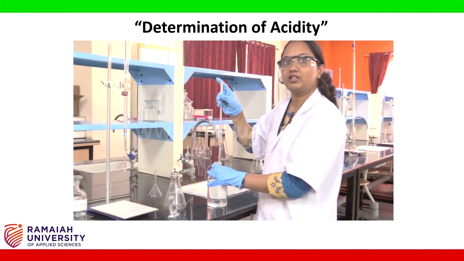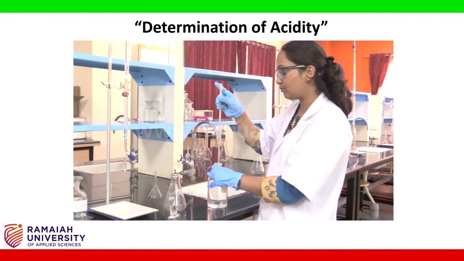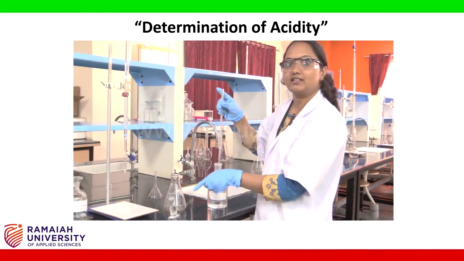Now we have to pipette out the water sample to the conical flask, that is around 10 ml.